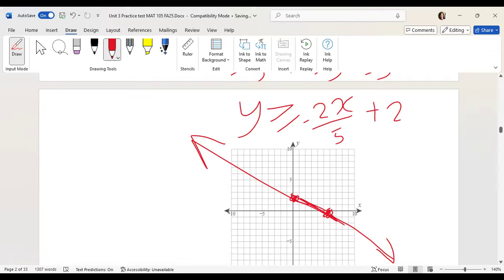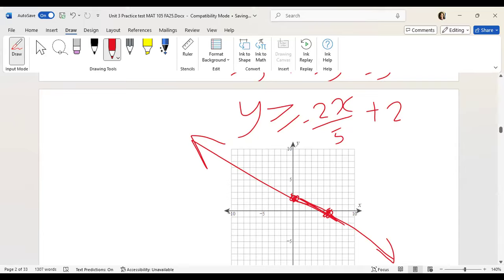So another person tell us. I used a solid line. Do I need to change something? Anybody? I hope you are studying for the test.